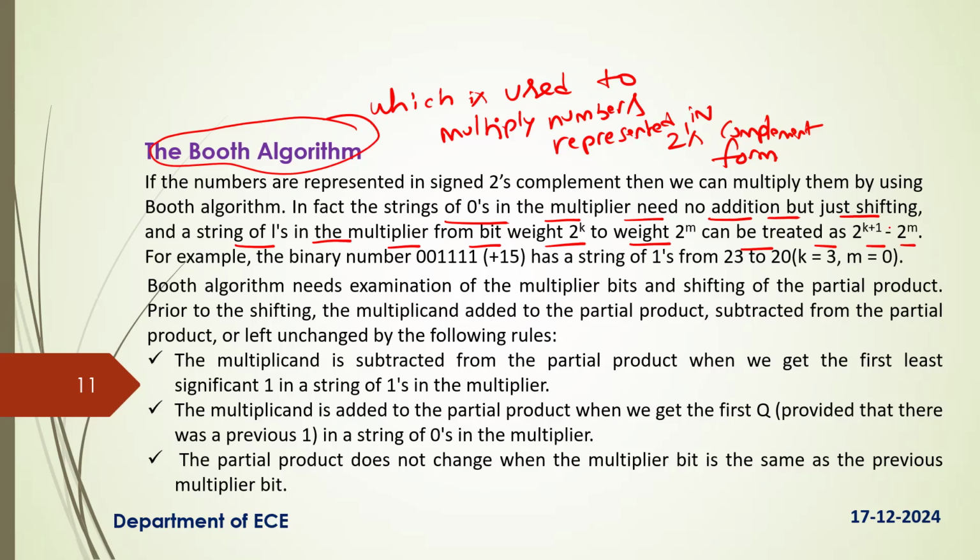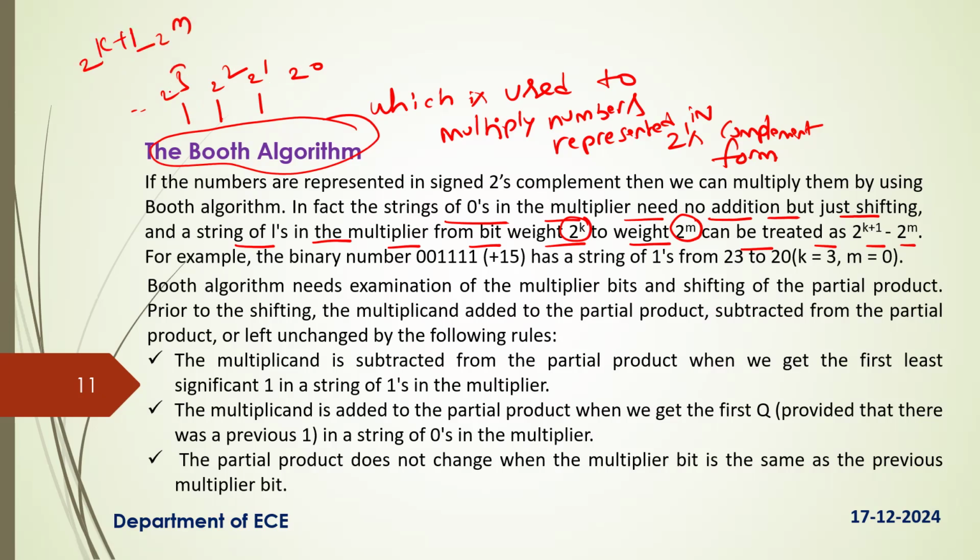So when the multiplier contains a string of ones, if you take a binary number, there are weights like 2 power 0, 2 power 1, 2 square, 2 cube, like that. If there is a string of ones from 2 cube to 2 power 1, so from 2 power k to 2 power m, they can be represented as 2 power k plus 1 minus 2 power m.